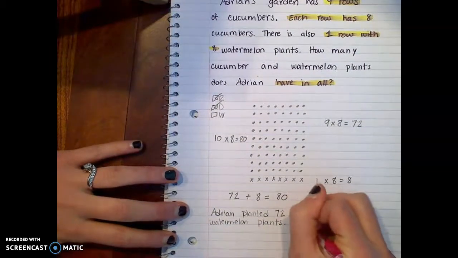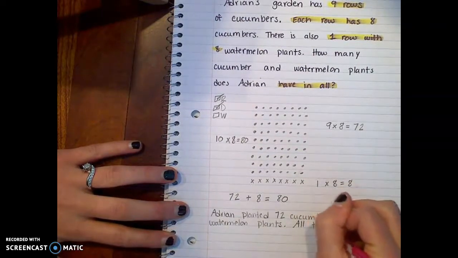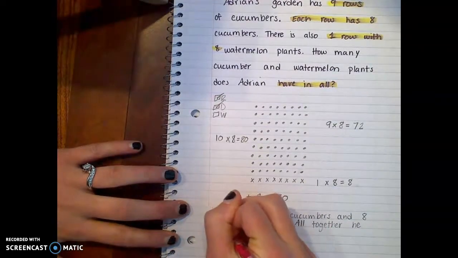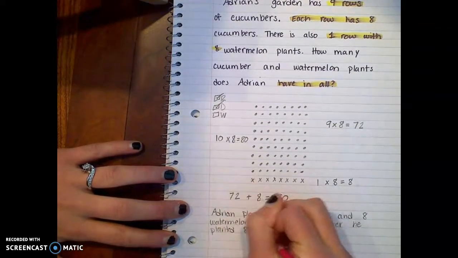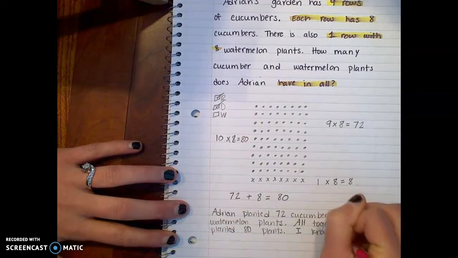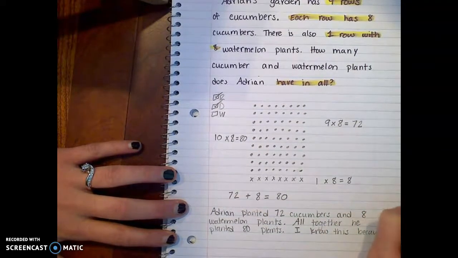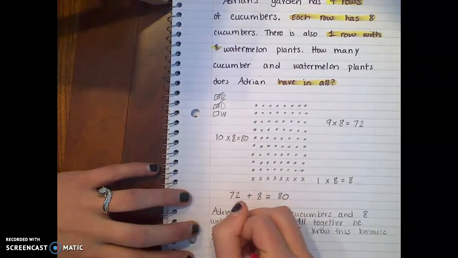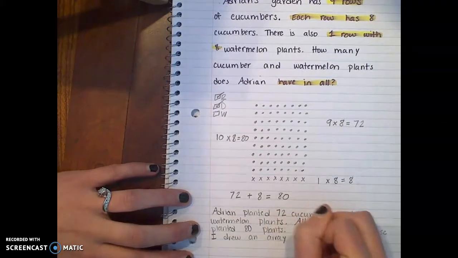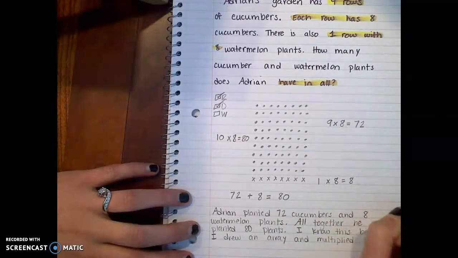All together, I'm using just what it says right here. All together, he planted 80 plants. I know this because I drew an array and multiplied the rows.